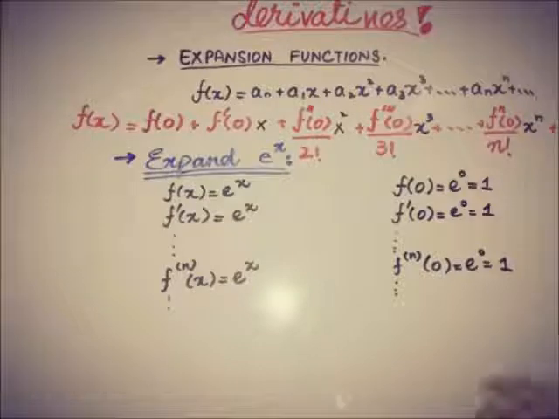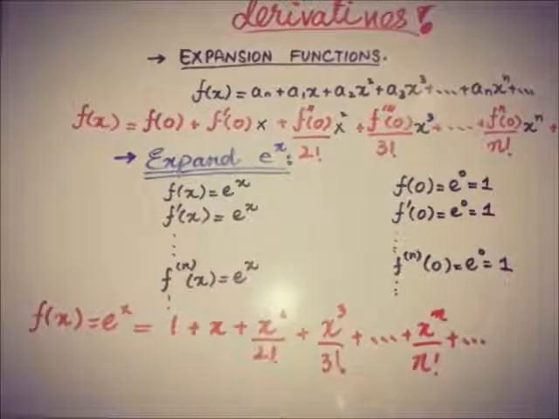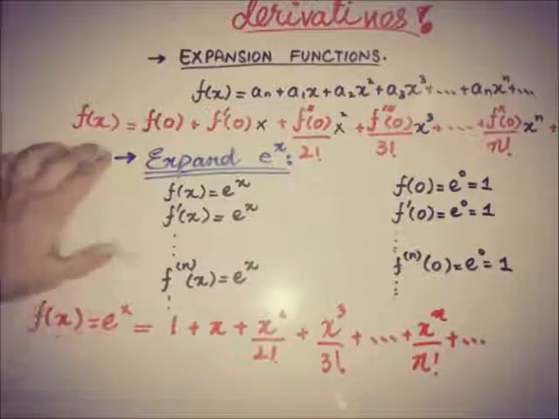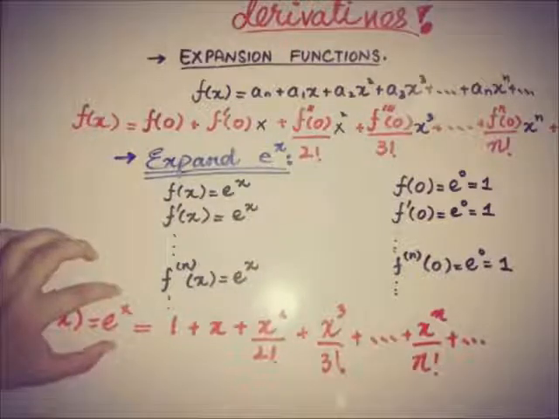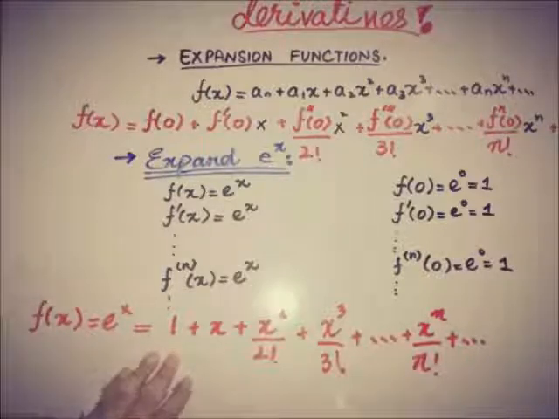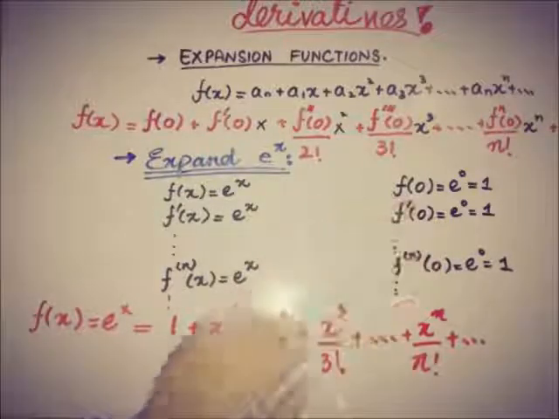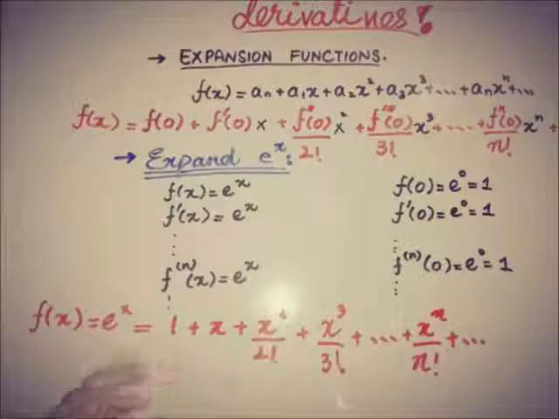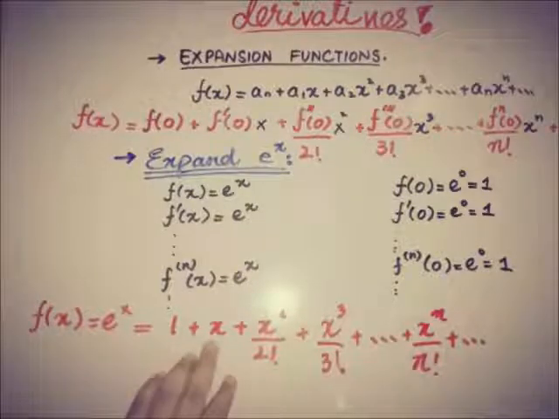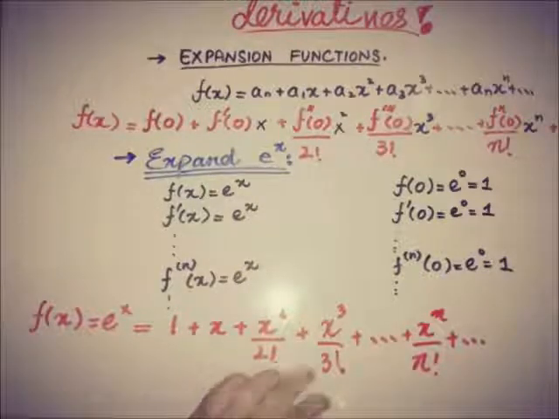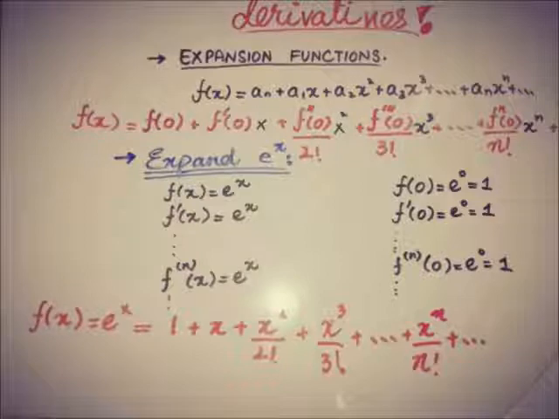After putting in the values, we have e to the x equal to 1, since the function at 0 is 1 and all of the derivatives at 0 are 1, so 1 plus x plus x squared by 2 factorial, plus x cubed by 3 factorial, and so on, up to x to the power n by n factorial. This is how we can expand any function by using the Maclaurin series.